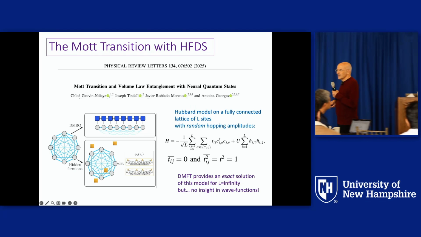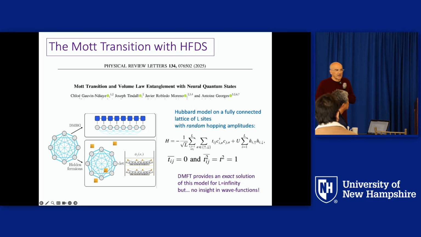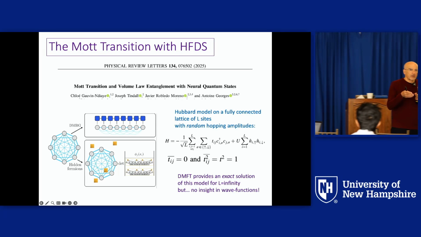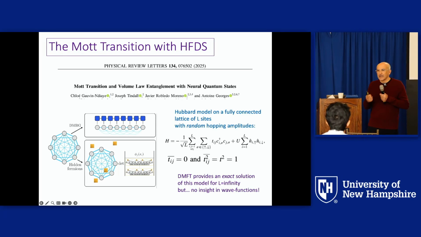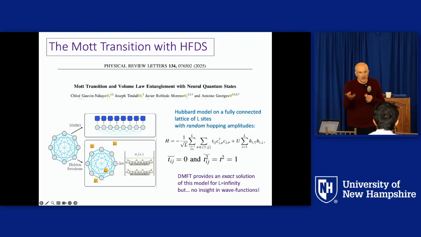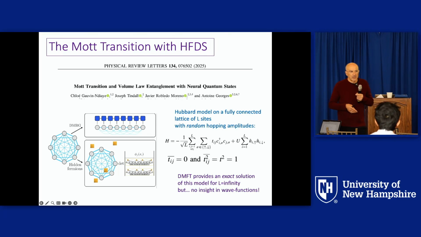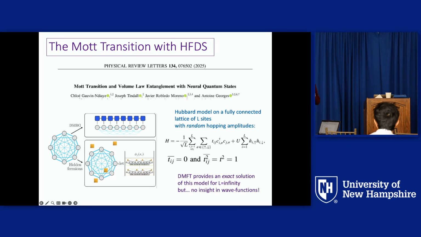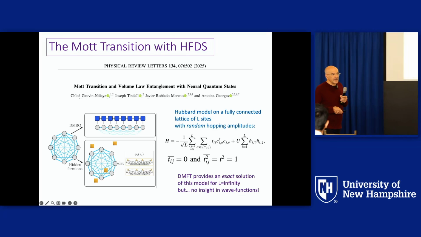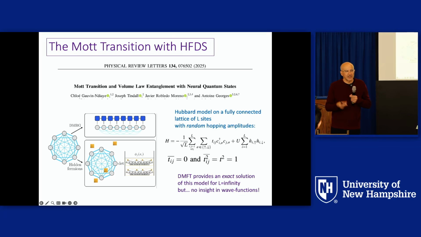This model is nice in 2 ways. First of all, it has a Mott transition at a critical U, between a small U metallic state and a large U insulating state, a Mott insulating state without any magnetic order. The ground state is a total spin singlet. That's one nice thing. So it's the pristine Mott transition.